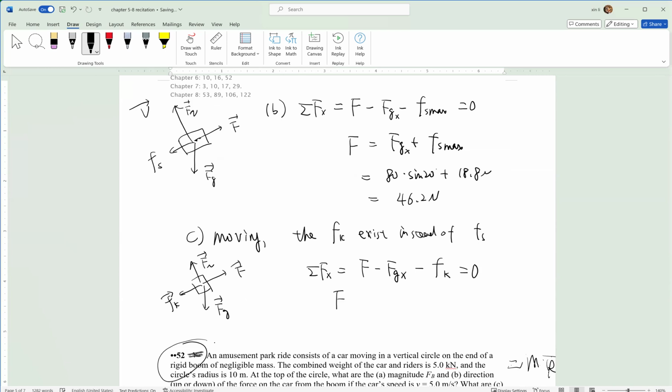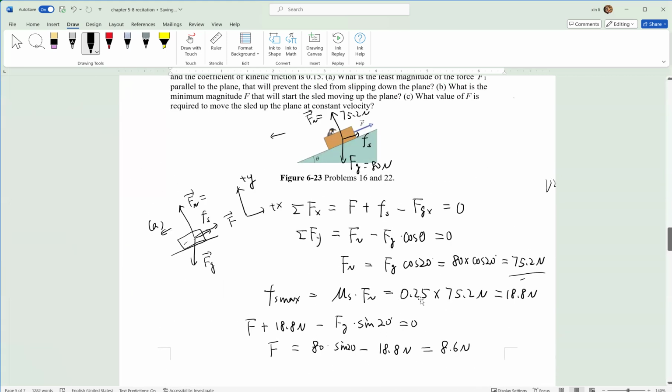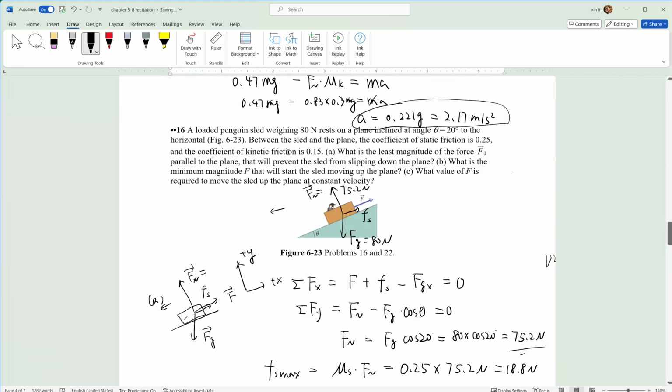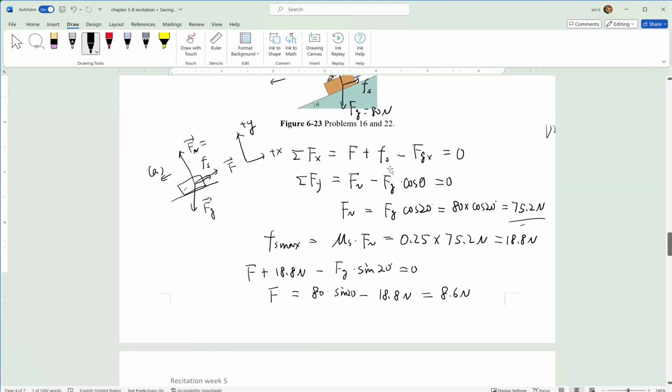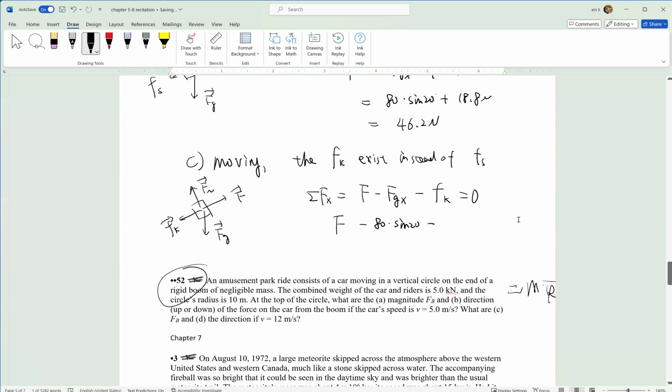So F minus 80 times sine 20. And instead of using 0.25, we have 0.15, that is our friction. So our normal force is 75.2, and then we should use 0.15 times 75.2 equals 0. This is your mu k, and this is your Fn, okay?